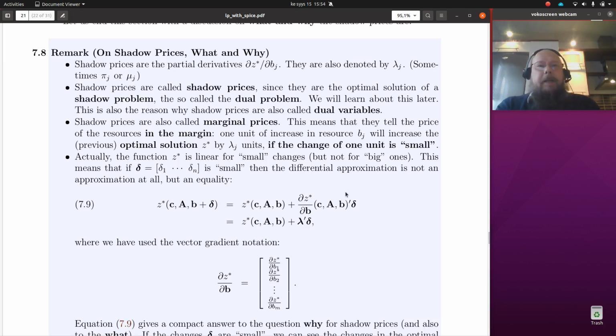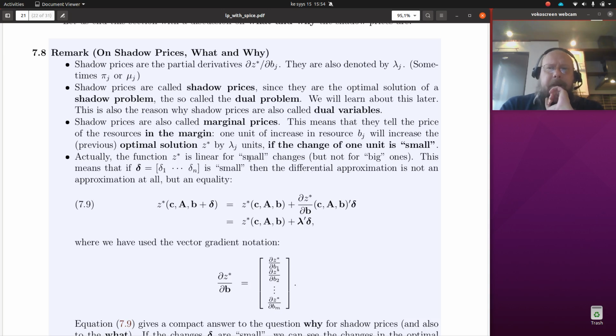So the idea is that suppose now there is a z star. This function is actually linear for small changes. So this is what's important here from the theoretical point of view. I mean, we have a linear problem. The LP is a linear problem. The objective function is linear, the constraints are linear.